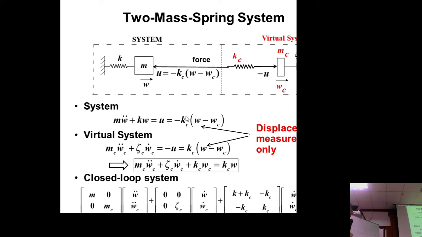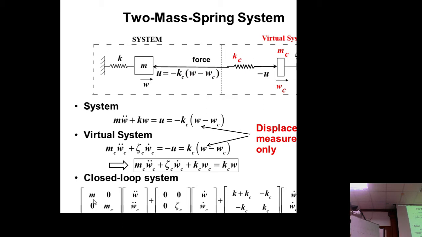For this kind of mimic system, if you look at this, then the closed loop system. The closed loop system means we put feedback into the dynamics, and then we got a closed loop system. That means we put these 2 equations into a matrix form, and that's the matrix form.